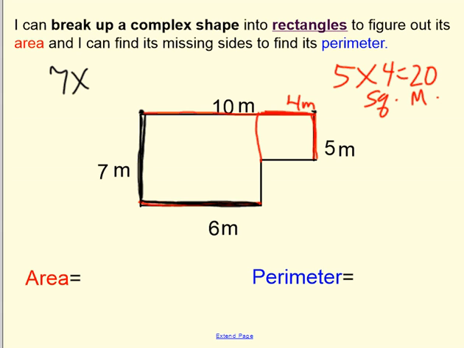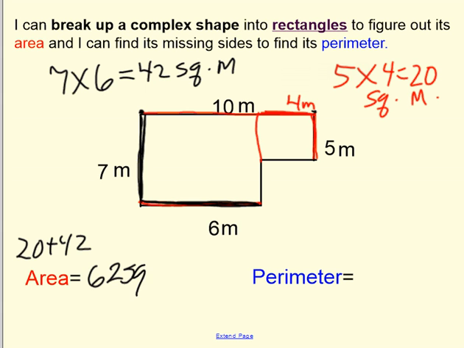It takes one step at a time and patience to solve these problems. So 7 times the 6 meters equals 42 square meters. And then the total area of the shape would be 20 plus 42, which equals 62 total square meters for the measurement of the inside of the shape, which is the area.